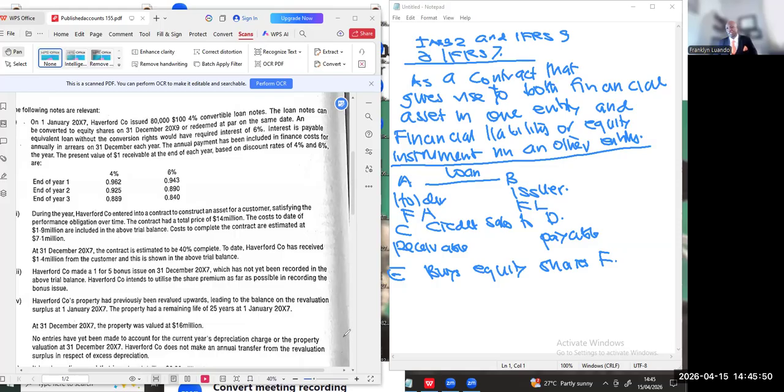Significant influence is not there, therefore there is no associate. There is no investor and there is no investee. So E will treat these shares as equity investment. Equity investment is a financial asset. Then F will treat this one as equity shares, which will be equity instrument.